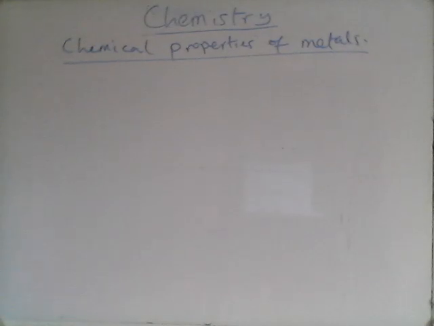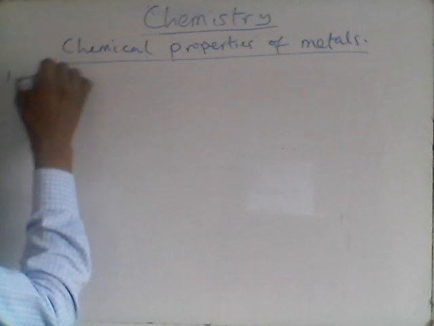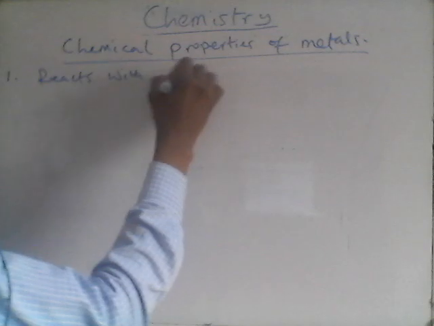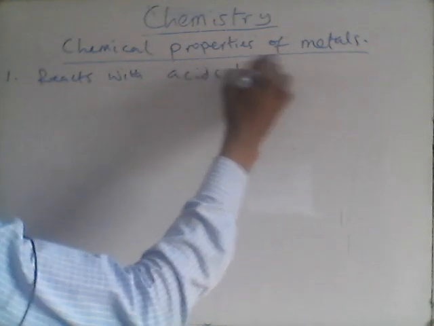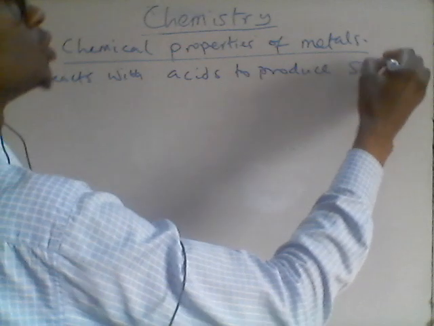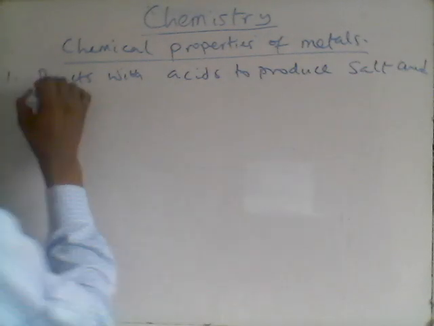So we move on to chemical properties of metals. And we say, number 1, that they react with acids to produce salt and hydrogen.